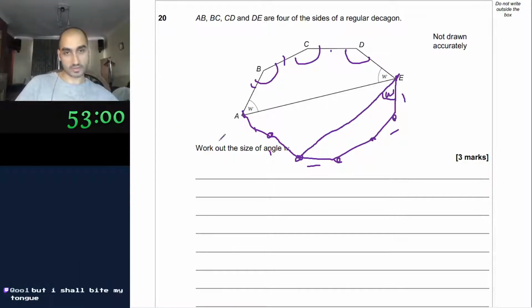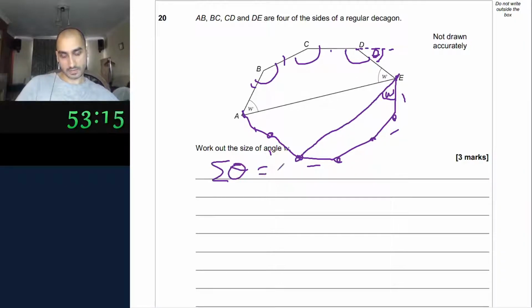okay, let's do this from first principles. So this is the full 180. These angles here, let's say theta. Sum of theta equals 360. So there's 10 of them.